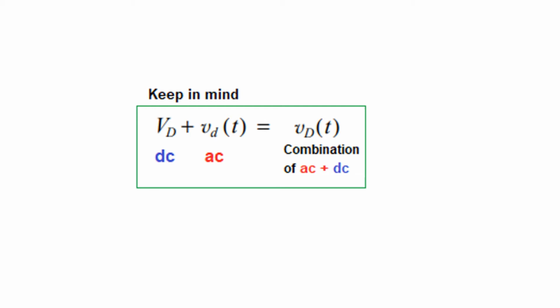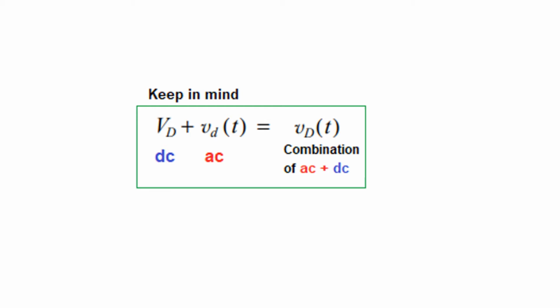Now, before we proceed, a very important point we have to keep in mind. This is going to confuse you a lot. Keep in mind that when the sign is in capital letters, that is V is in capital and the subscript is also in capital, this represents a DC quantity, DC voltage in this case.